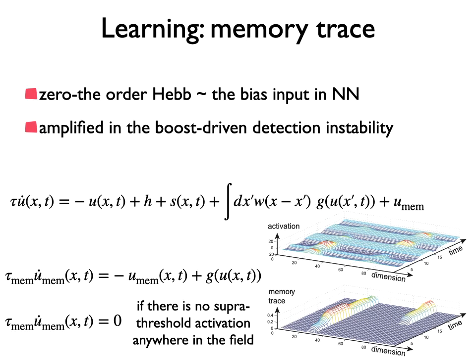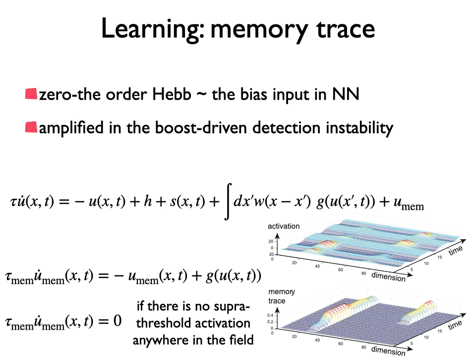It's just an autonomous input that puts this neuron closer to firing or not. And in neural networks it doesn't have much significance, but in dynamic field theory it has a strong role because we can amplify such small differences into macroscopic activation patterns through the boost-driven detection instability, as I pointed out.